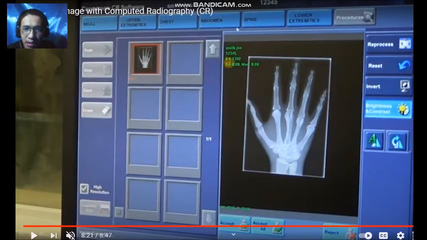I guess this is this one. I'm not sure if that is the correct value. Okay, so different manufacturers, different companies, of course, their platforms are different. So that means maybe the exposure indicator can be displayed on this side, or maybe on this portion, or maybe in this portion. It depends on how they set it up.